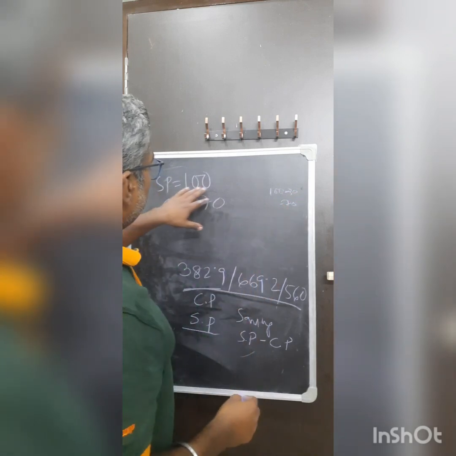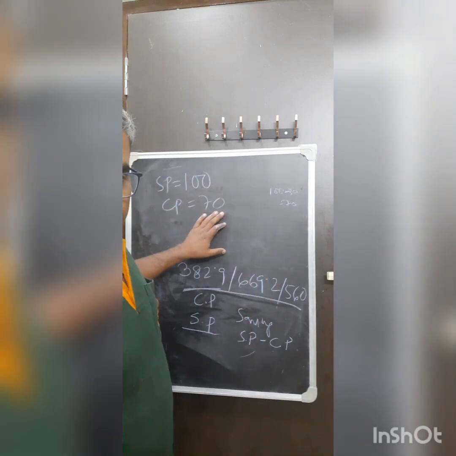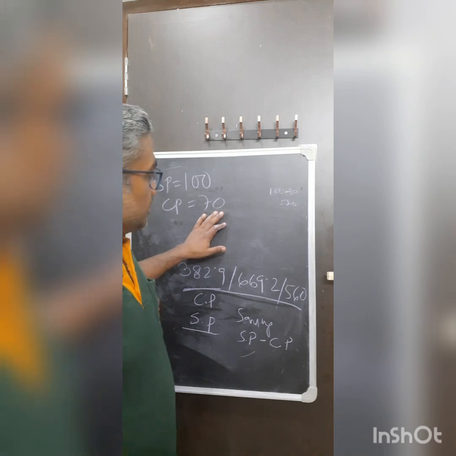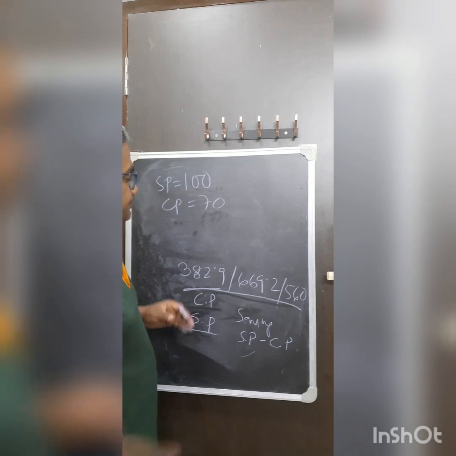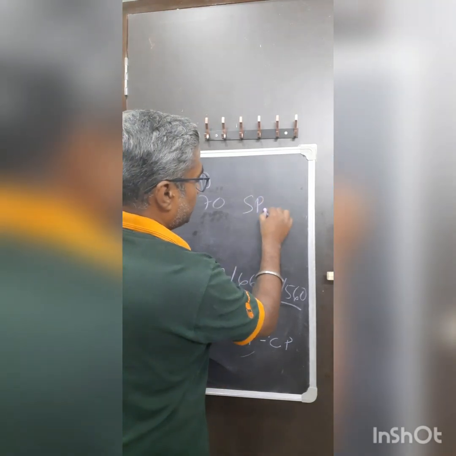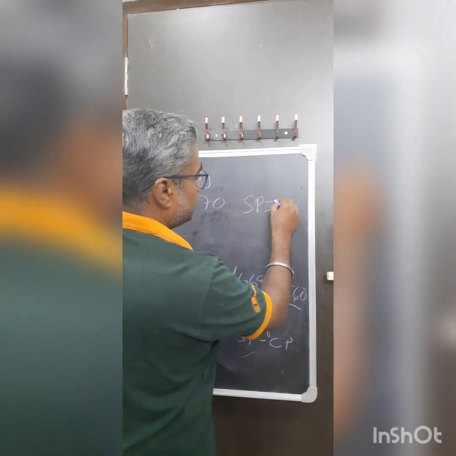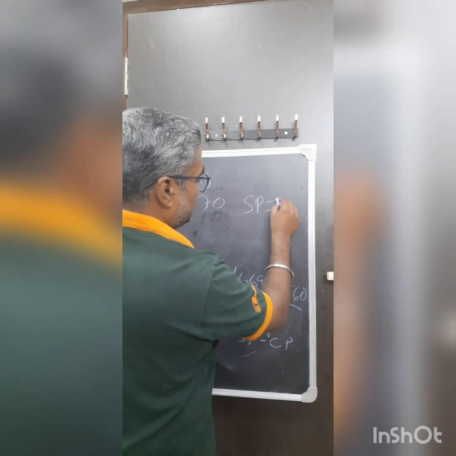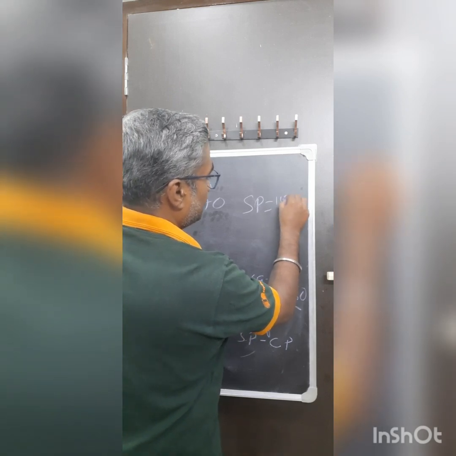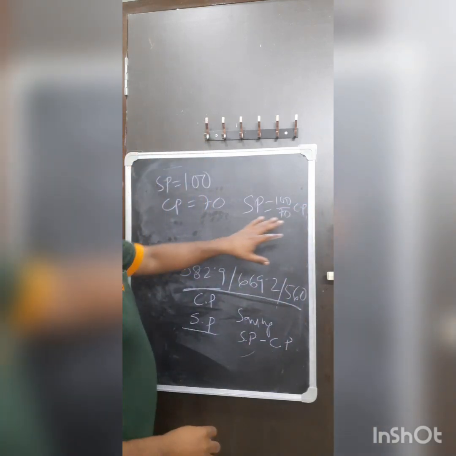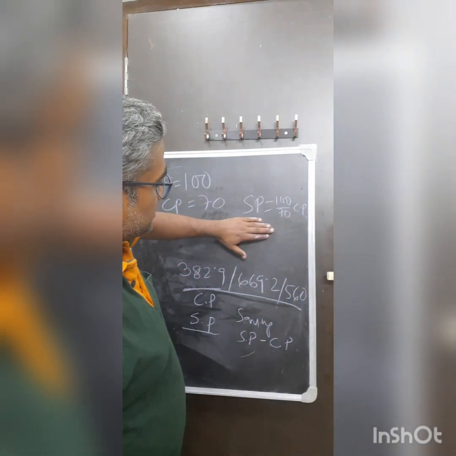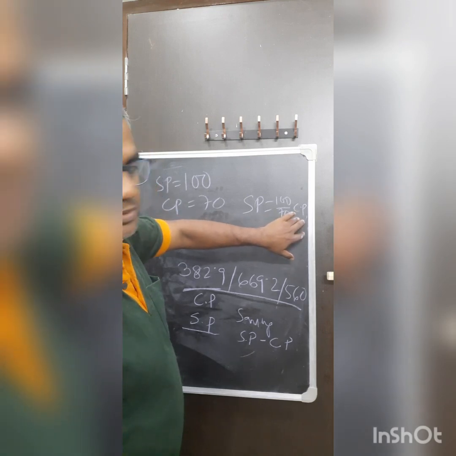So if the selling price is 100, the cost price would be 70. From this concept we can say that the selling price is 100 upon 70 into the cost price, because here I am representing the selling price in terms of the cost price, which is known.